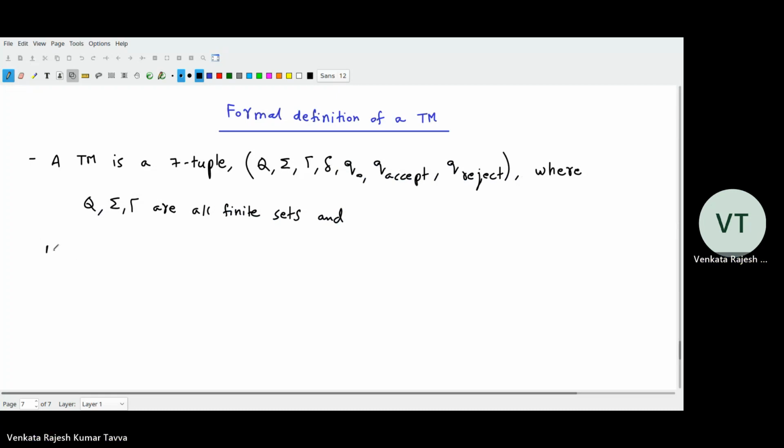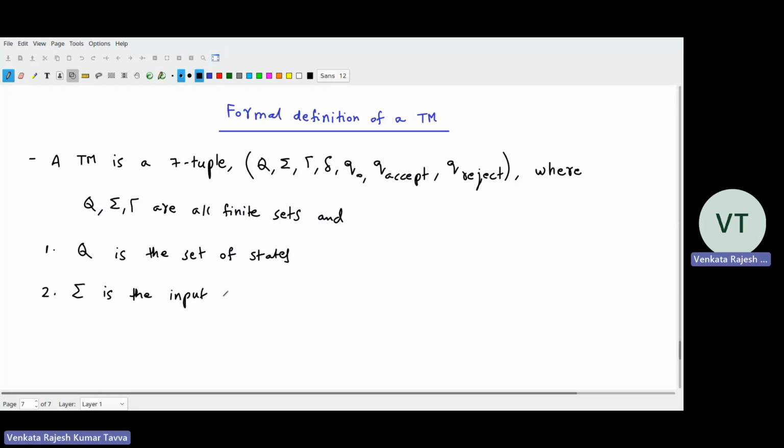Q is the set of states, and sigma is the input alphabet, not containing the blank symbol.